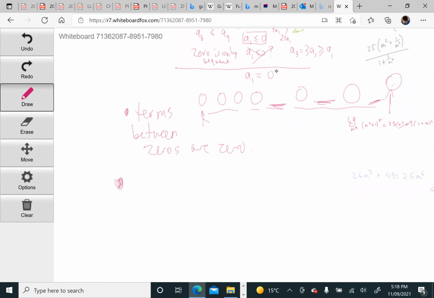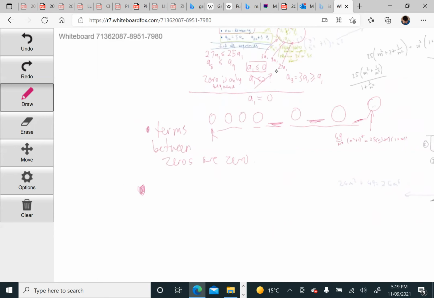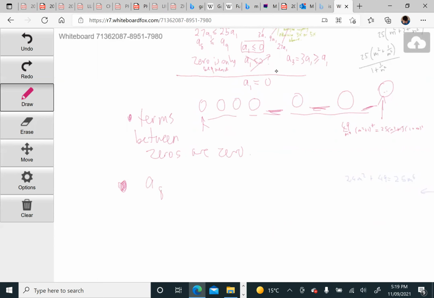Another way of saying it is you could just redo the original argument, right? So instead of doing A8 and A9, you could do A8M and A9M, right?